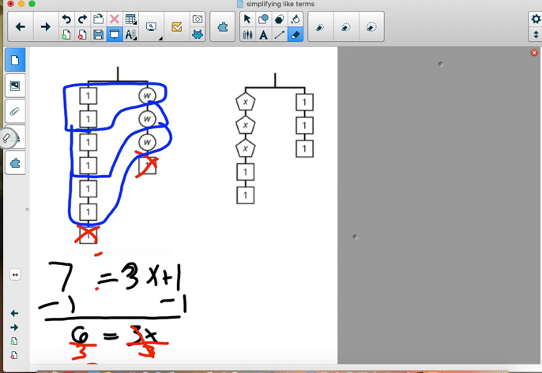Somebody want to go up and write their equation up there? Alright, Karina, what's the answer? How do you get this? See, look, now that should be 1.